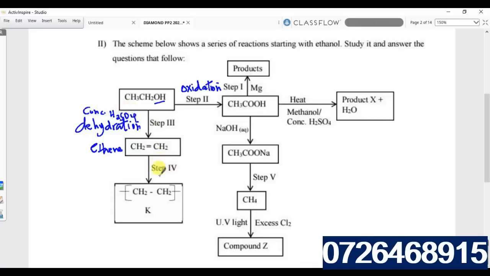Step 4. Ethene is undergoing step 4 to form a polymer. K is a polymer.